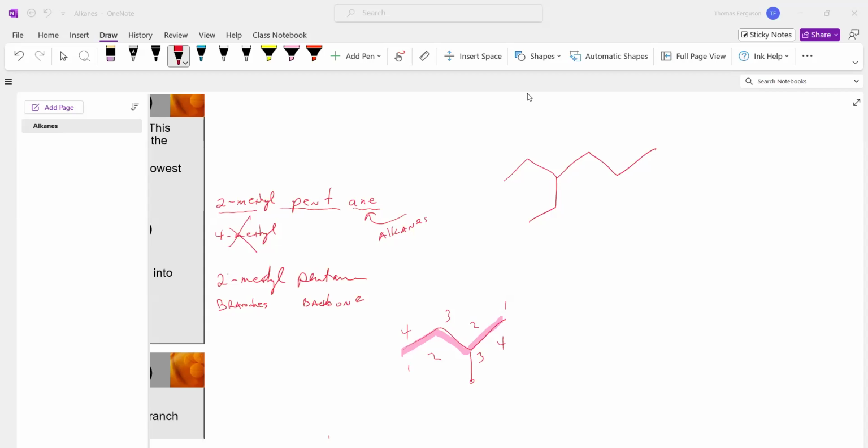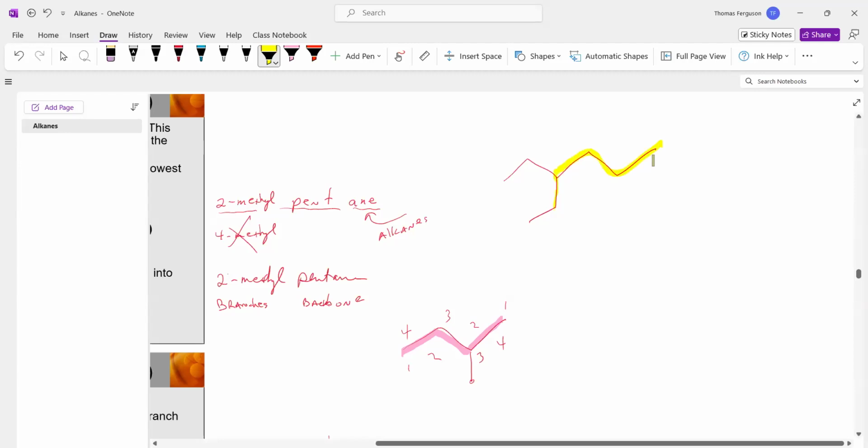Okay, so let's look at here. We have 1, 2, 3, 4, 5, 6. 1, 2, 3, 4. Okay, there are 2 6s. So let's do left to right. Now you could also do this one here. That's 6 as well. So let's do the yellow one. Sounds good.